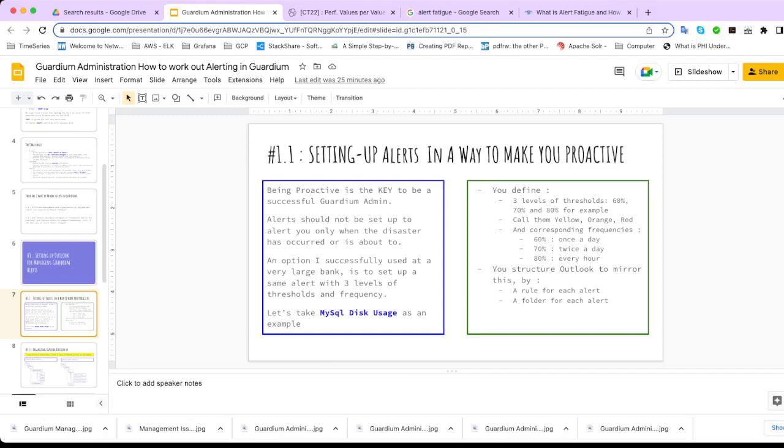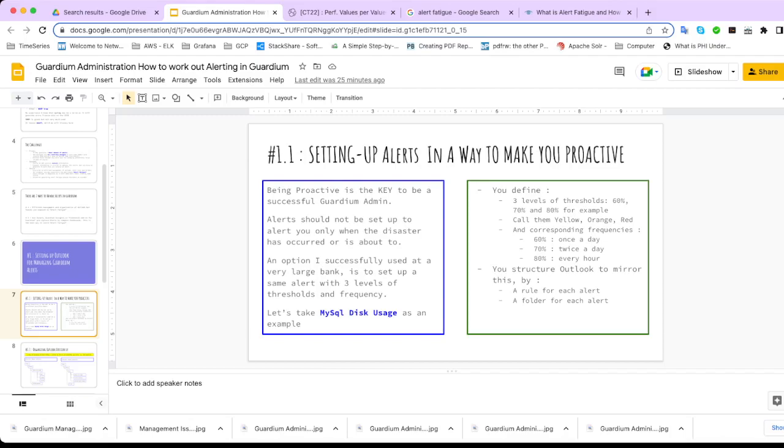So when a collector is between 60 and 70, we receive an alert by email once a day. If it's between 70 and 80, it's twice a day. If it's 80, it's every hour. Okay, and you structure Outlook to mirror this.